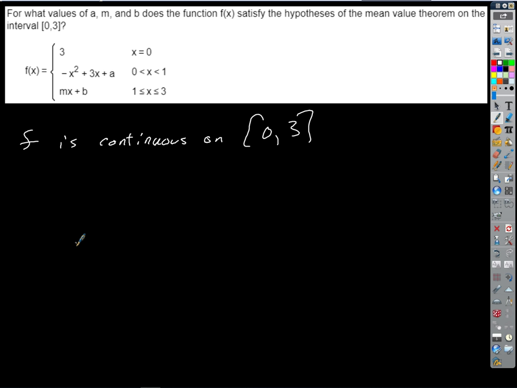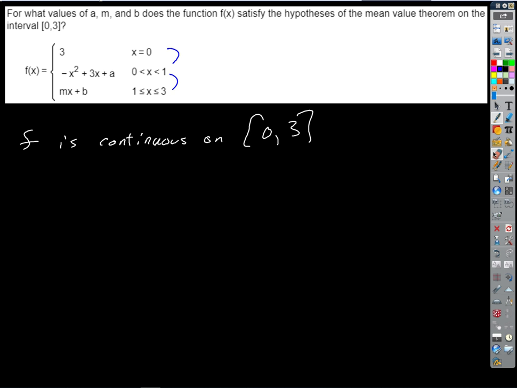And the bottom piece is how it's defined when x is between 1 and 3, including the endpoints, right? So we know that where we join up right here and right there, where those pieces of the function come together, they have to meet up, don't they, right?